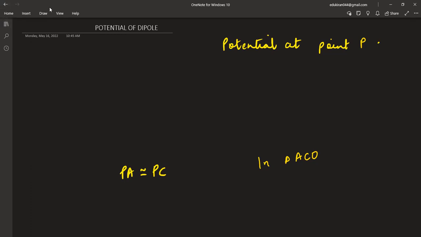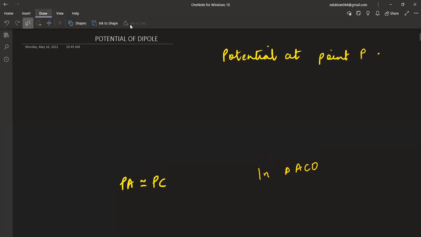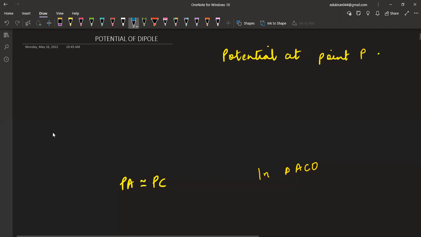Let me show you. Suppose this is a charge plus Q, and you have charge minus Q. This is a dipole.